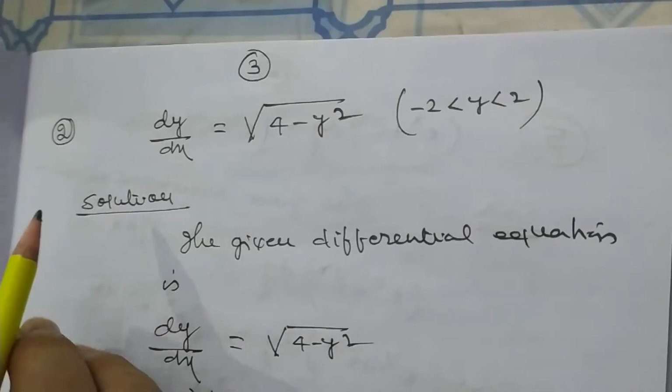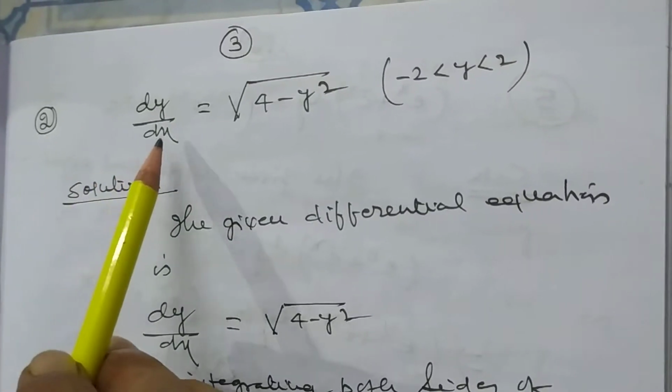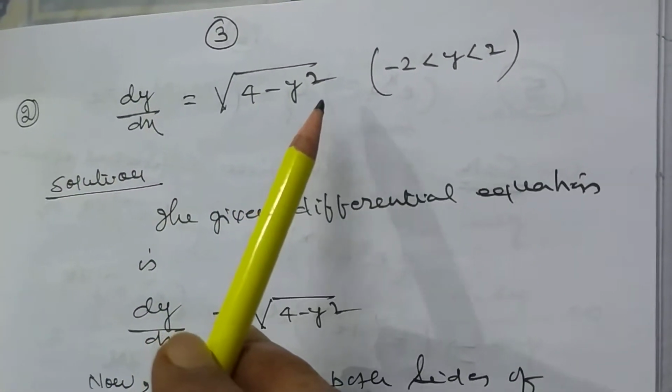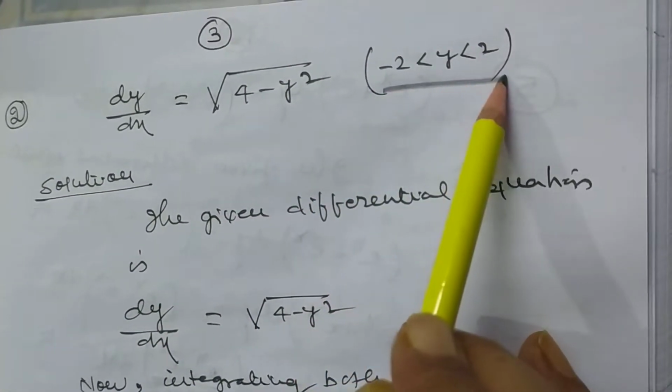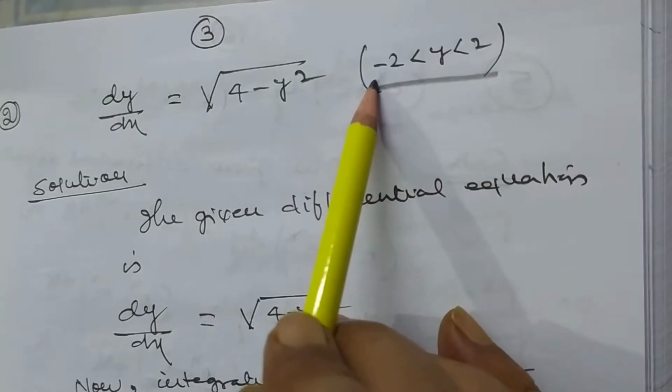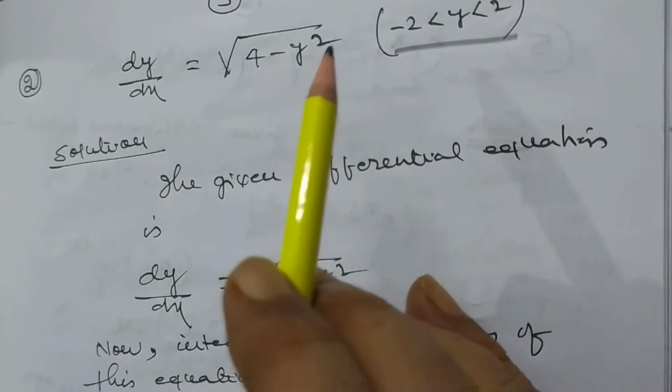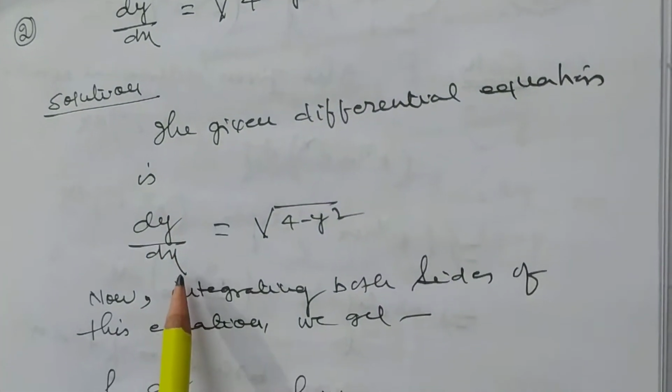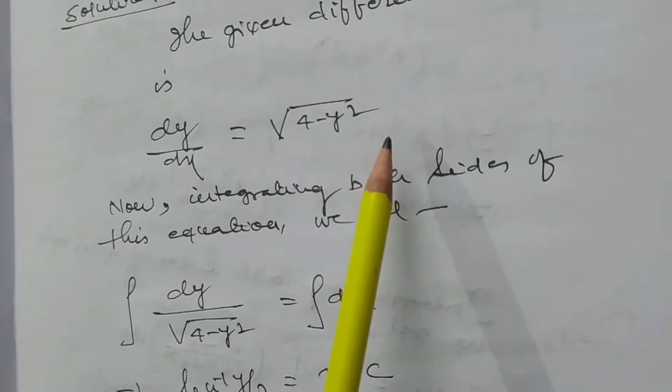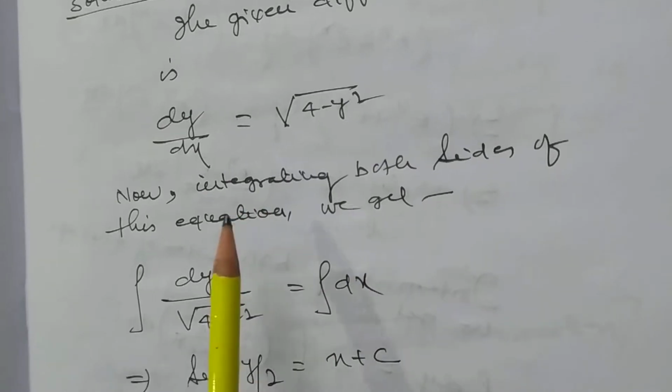Now, my dear student, I want to solve problem number 2. dy/dx = √(4 - y²), and the range of y lies between -2 and 2. The given differential equation is dy/dx = √(4 - y²).